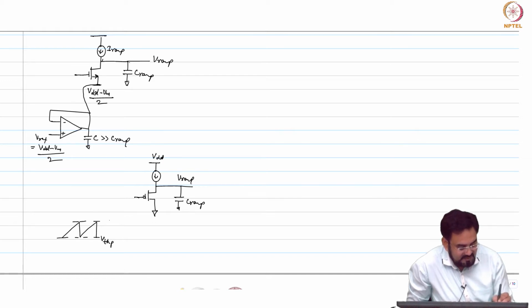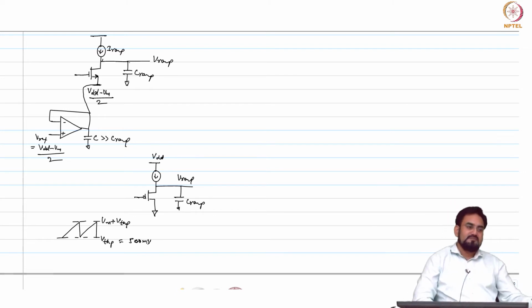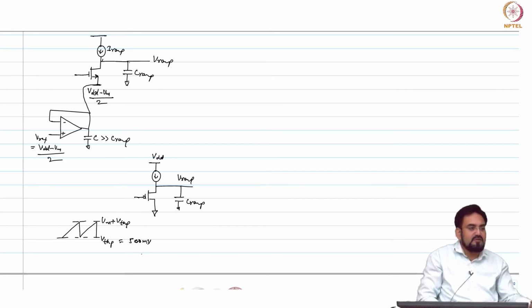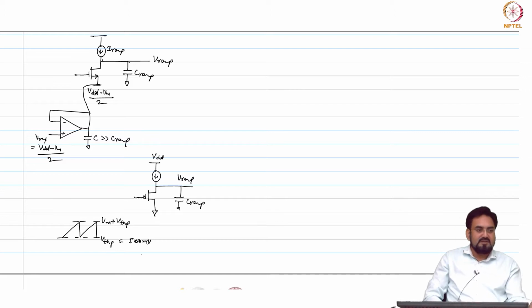And this will be how much? Vm plus VTP. And this is roughly 500 millivolt. So, still okay. You can use a little bit larger device, so you can bring this 500 millivolt close to 400 millivolt if you want.